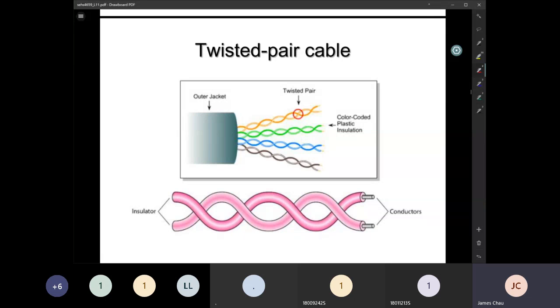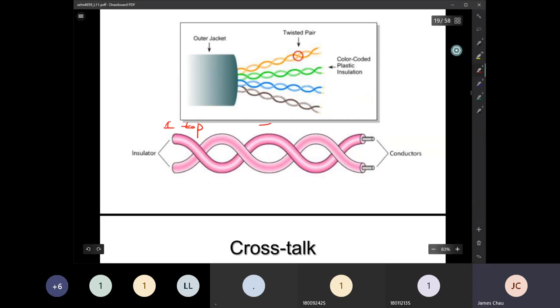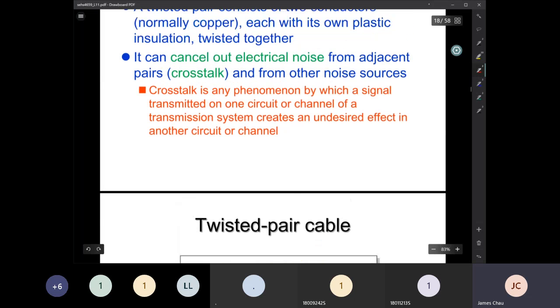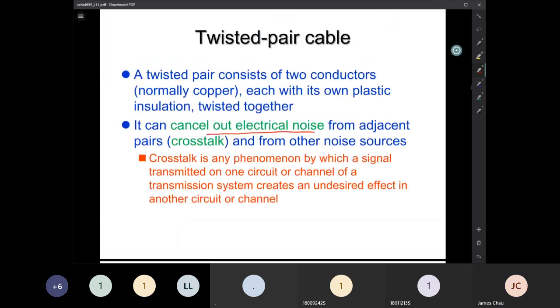You may see the arrangement of the cable is that for cable 1, at some point it will appear at the top, and at other points it may appear at the bottom. This arrangement cancels out the electrical noise from adjacent pairs, so that the crosstalk, or noise injected into your cable, is reduced.